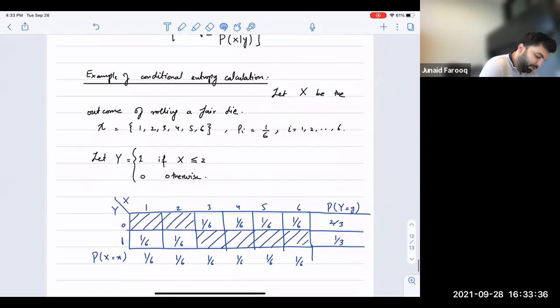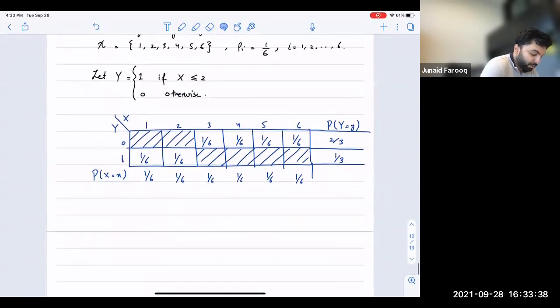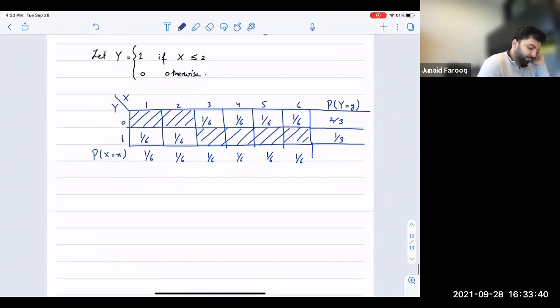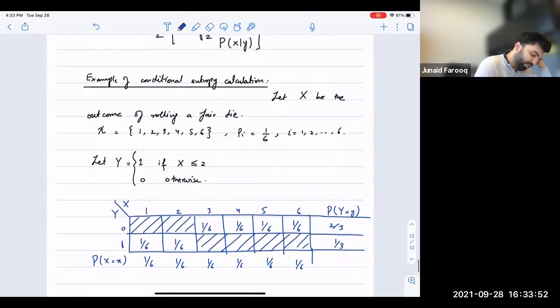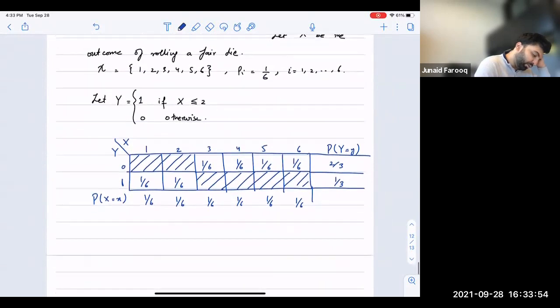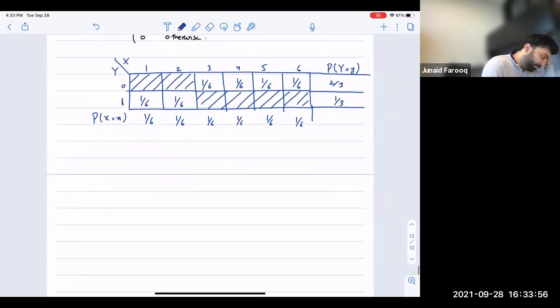Now, the important part is how do we compute the conditional density? I'm pretty sure some of you may not have done it, so it's important to understand how we compute the conditional densities, because eventually we want to go to the conditional entropy.